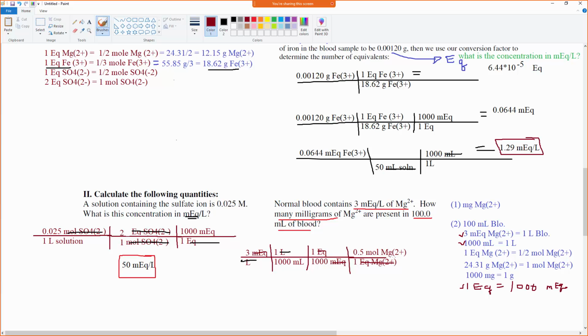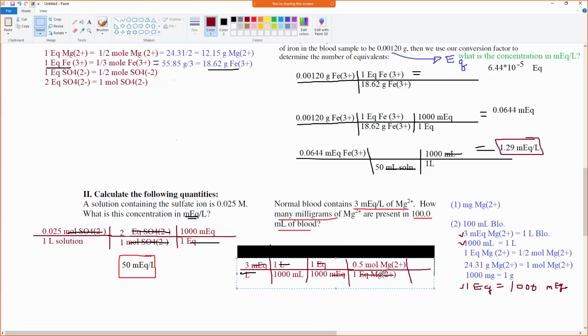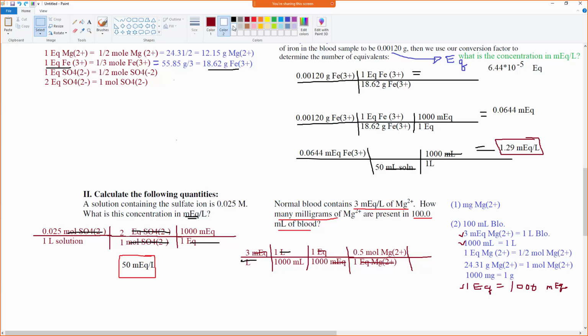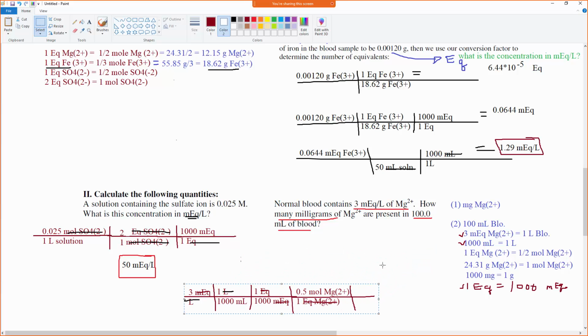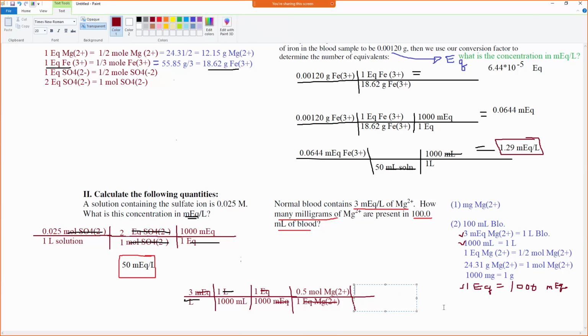Okay. Now what? I'm going to need more space. One mole equals 24.31 grams. Zach, yes, that's exactly right.